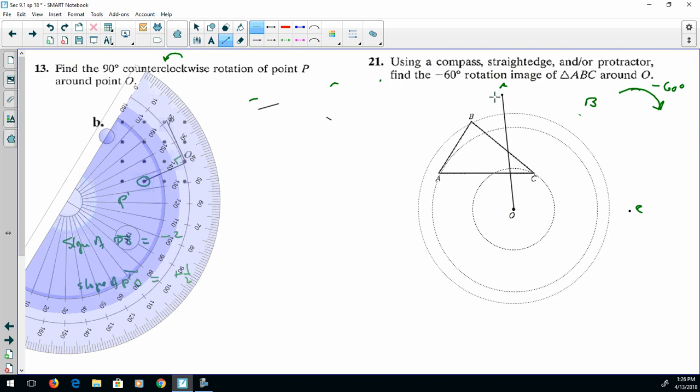This is going to be my A prime. Now, 60 degrees over from B was off in this direction. And B is the outermost circle, so I'm going to put a dot there. That's going to be my B prime.